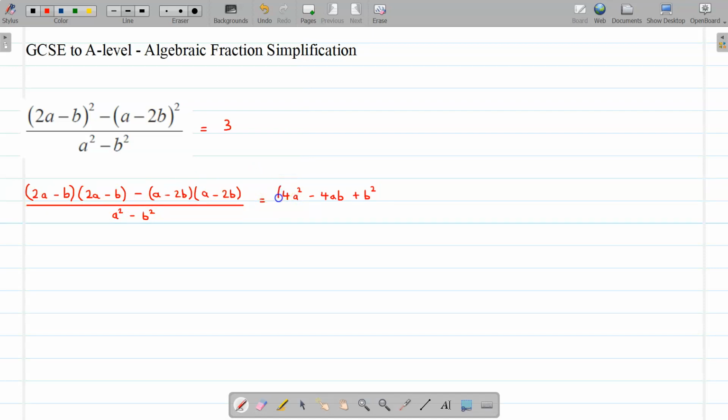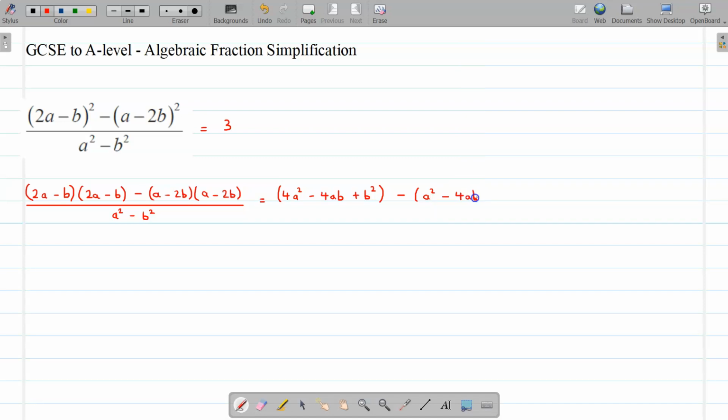I'm going to put them in another bracket. I don't actually need to do that, but it's just helping to separate out the different steps. Now I'm going to work on this bracket in the same sort of way. So I've got a times a, which is a squared, and then I've got my outer term, which is minus 2ba, and my inner term, which is minus 2ba. So altogether that's minus 4ba, or minus 4ab.